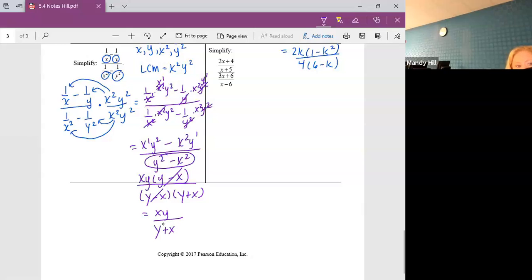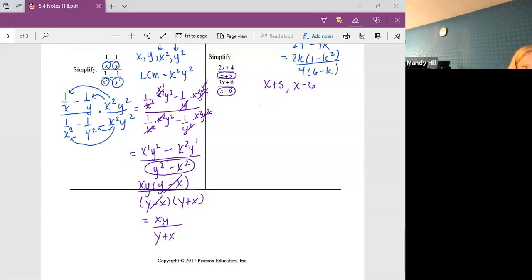Okay, so this is our last problem we're going to talk about. And look at the denominators on this. We've got an x plus 5 as a denominator and an x minus 6 as a denominator. So when we list those, x plus 5 and x minus 6, well, the least common multiple here has to be x plus 5 times x minus 6.